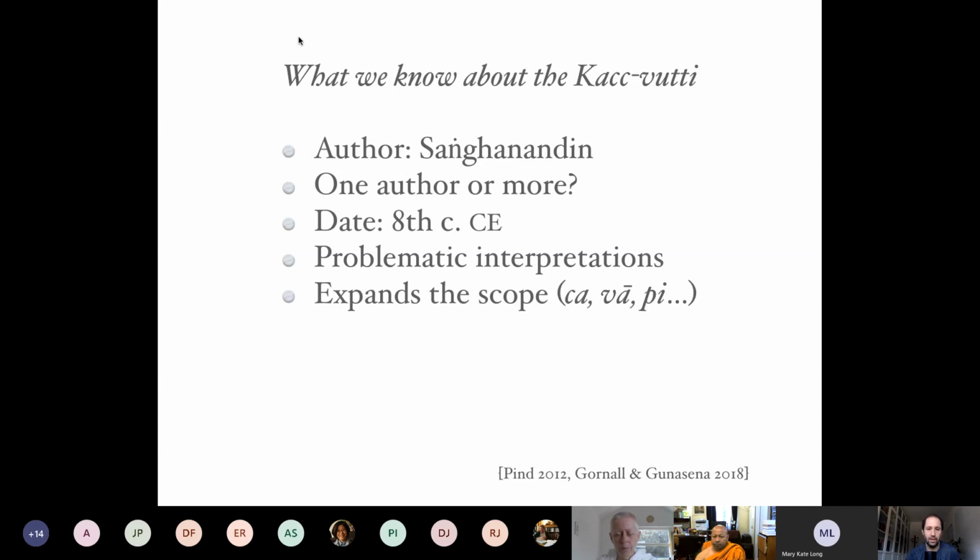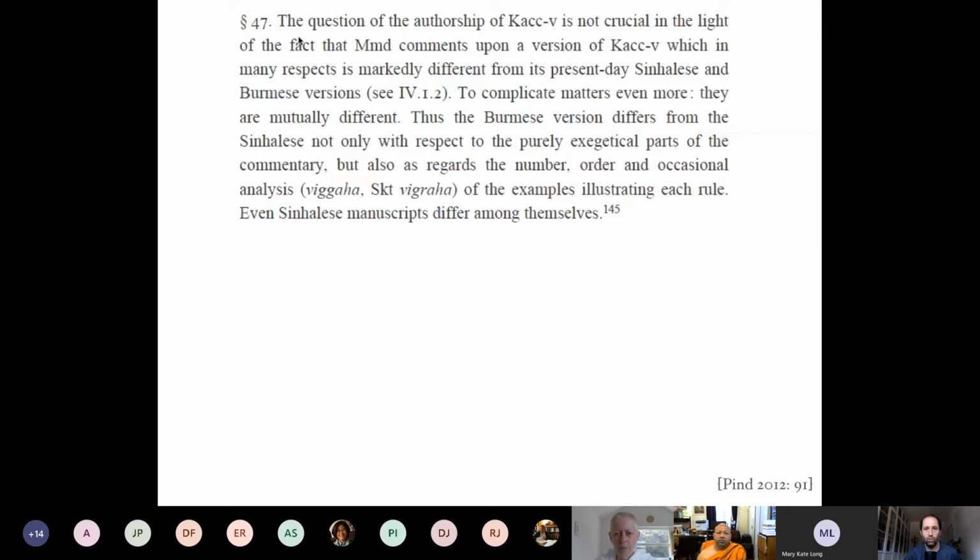Related to that, many times the Vritti expands the scope of the Sutta in a way that looks like an interpolation. It looks like someone was trying to add more information. They take one of the technical terms used in the Sutta, some marker like cha, va, pi, and from it develop what looks almost entirely like a new Sutta within the Sutta. So I would like to quote Ole Pind here.